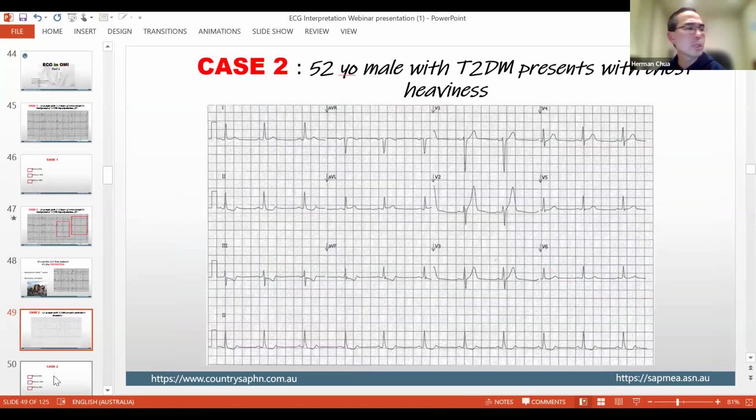So the next one is a 52-year-old with type 2 diabetes who presents with chest heaviness. Once again, the poll is this. Let's put up the poll, Busala. Is this a normal ECG, is this an anterior OMI, or is this an inferior OMI?